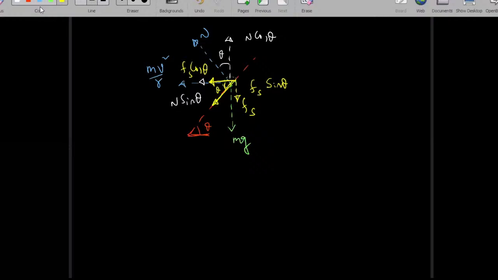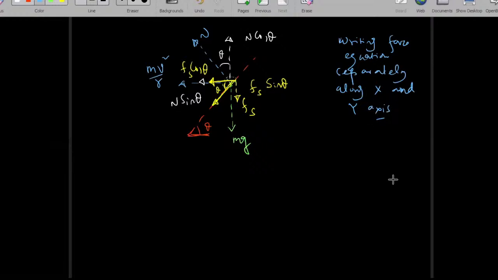Now we want to write force equation, so writing force equation separately along x and y axis. So what is x and y axis here?